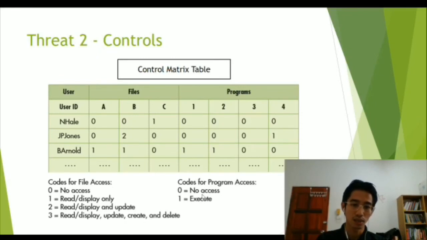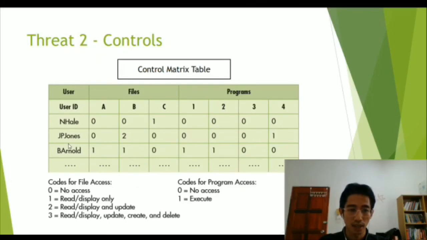Here we can see there are codes. Codes are the numbers assigned for a specific function. Let's take an example. This is the user, and this is the file. Take a look at file B. The assigned code for BNL is 1, meaning he can have read or display only.